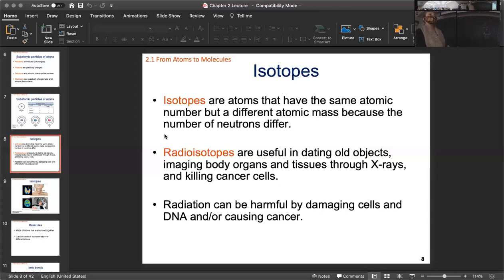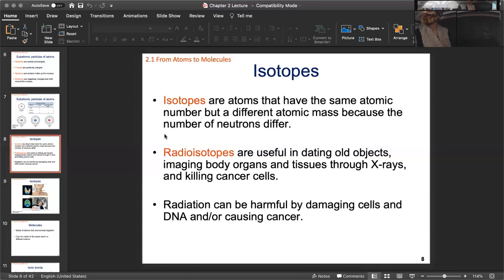Radioisotopes then are useful in dating old objects. So maybe an archaeologist would find an old object and use radioisotopes to date it and see, oh, this was from this time frame, and this artifact was part of this culture, things like that. It can also help with imaging body organs and tissues through X-ray, and also killing cancer cells.